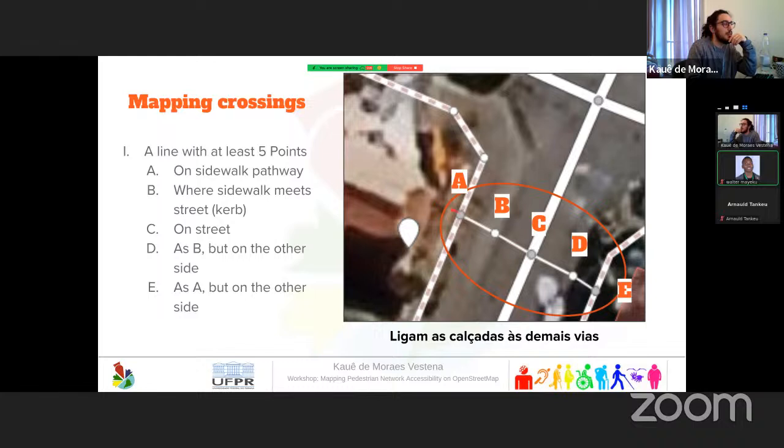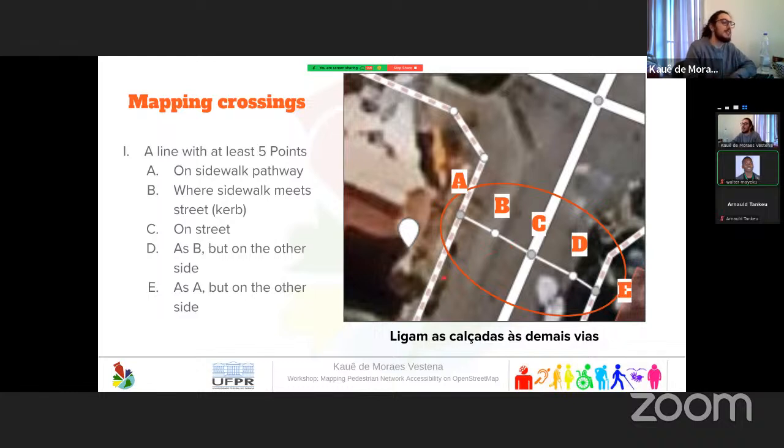The first node, A, is a node on the sidewalk on one side. The second one, B, is where you have the curb, where the sidewalk meets the street, the transition from the sidewalk to the street. Point C is a topological connection between the sidewalk and the road.